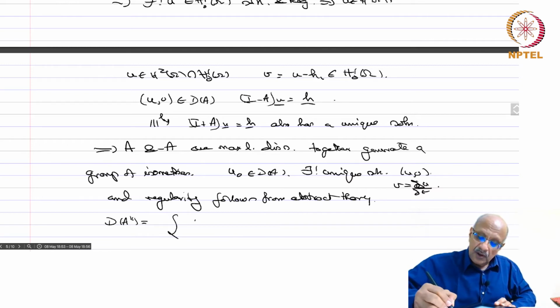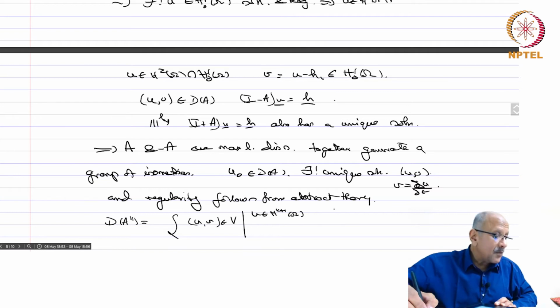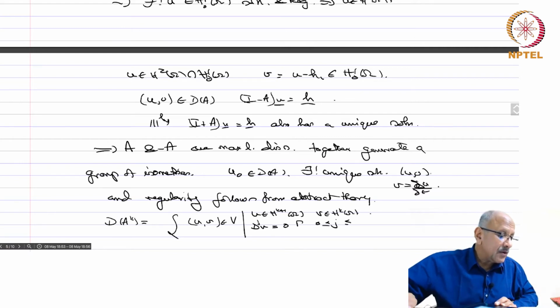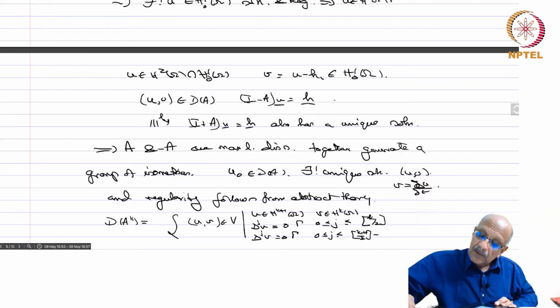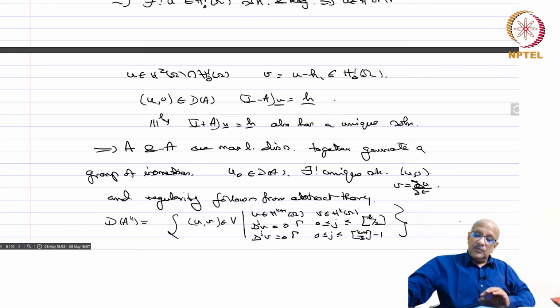The set of all (u, v) in V such that u is in H^{k+1}(Ω), v is in H^k(Ω), and Δ^j u equal to 0 on Γ, 0 ≤ j ≤ the integral part of k/2, and Δ^j v equal to 0 on Γ, 0 ≤ j ≤ the integral part of (k+1)/2 minus 1. This requires some checking, but then one can show this.